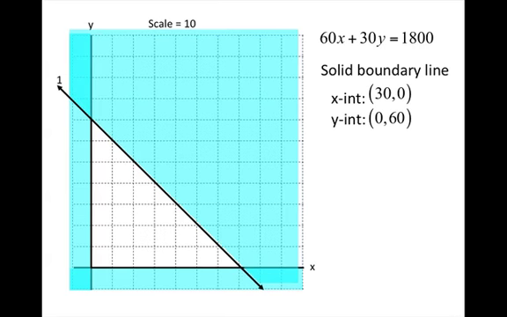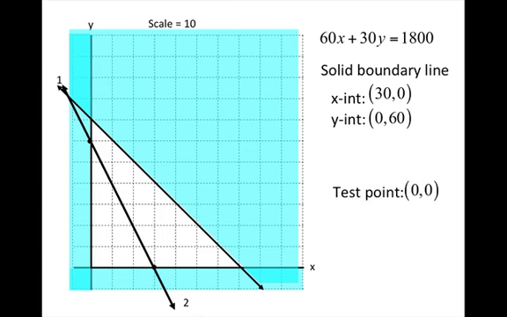Then my second boundary line, 60x plus 30y equals 1800, I have the intercepts 30, 0 and 0, 60. So this is going to look like the points 3, 0 and 0, 6 on a scale of 10. So draw a solid boundary line through these intercepts and label it line 2. This boundary line also does not go through 0, 0, so I can test 0, 0.